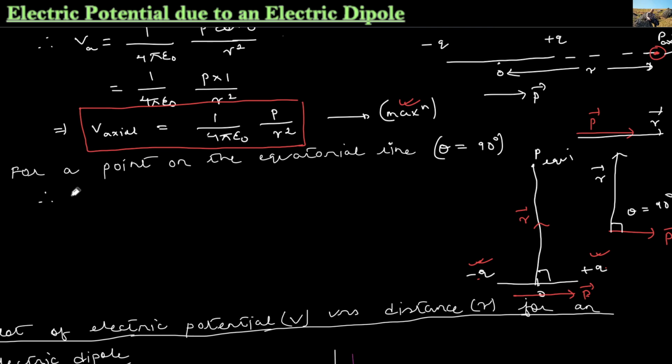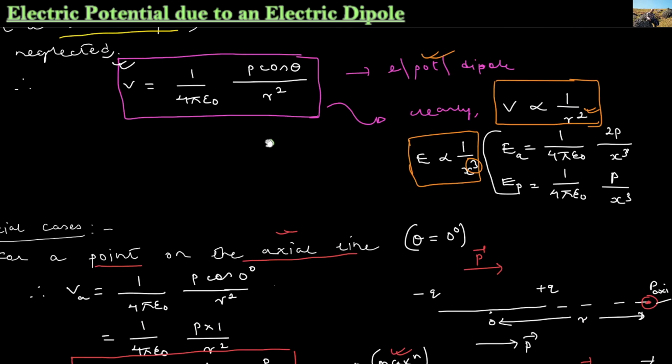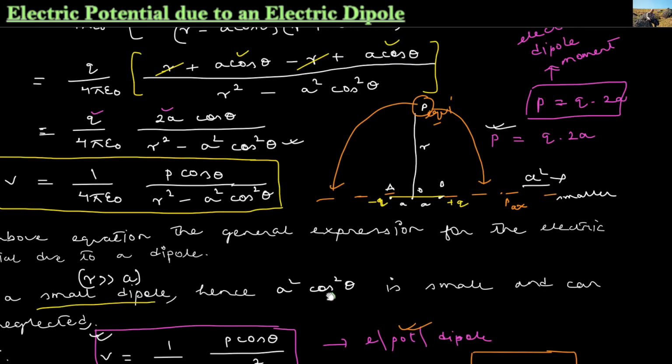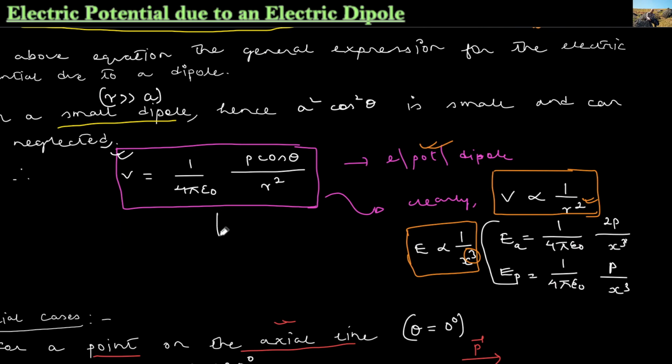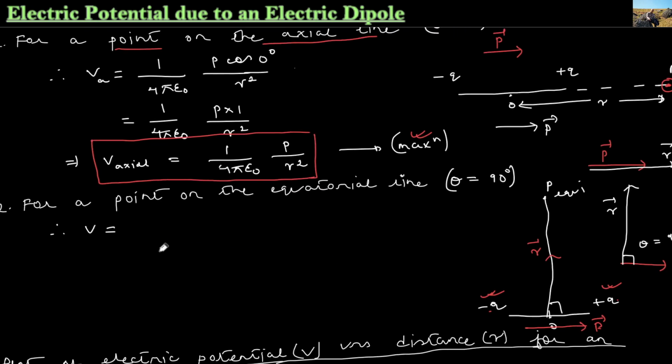When you put this in equation number 4, in place of theta you put 90 degrees, and you get the value equal to 0, because cos of 90 degrees is 0.